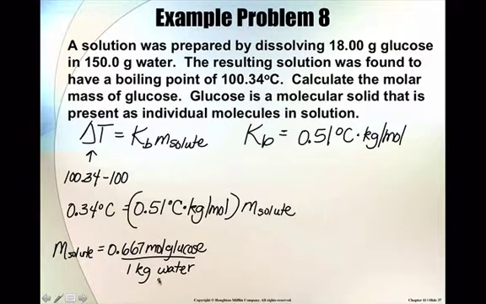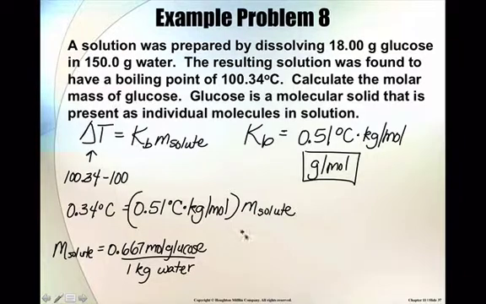And then what we're going to do, because we know that we're looking for grams per mole, that's the molar mass units, I'm going to take the information that they gave us in the problem, and I'm going to look for grams of glucose per kilogram of water. Because if I can get both denominators to be 1 kilogram of water on the bottom, I will know how many grams and how many moles are equivalent in the same amount of water, and that's a way that I can divide and then end up with our molar mass.